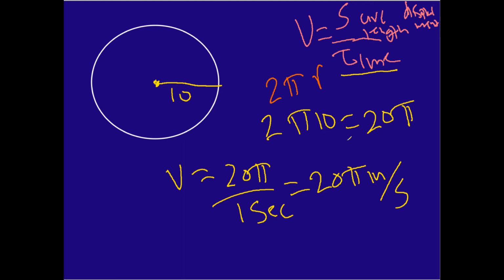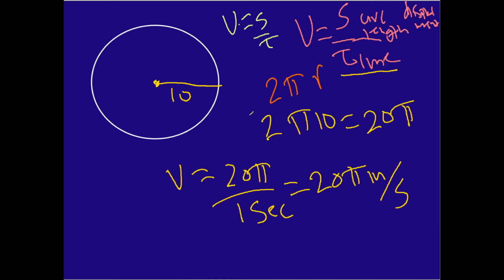So the formula is V equals S over T, where S is the arc length, also sometimes called the displacement, over time. And so you have to find out your arc length, which is related to the circle here. We're treating it as a straight line. And so it's 2 pi times r. Once you have that, you can do the additional steps to finish off the calculation, as you can see right here.